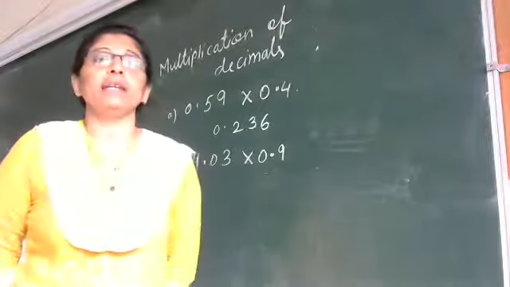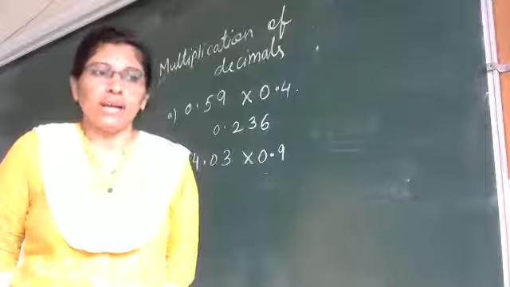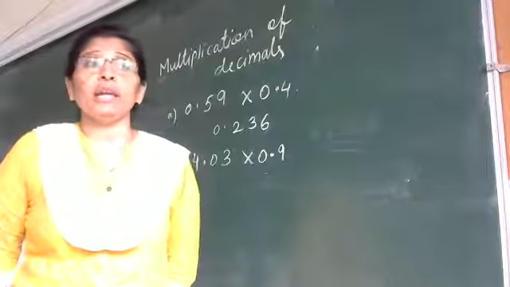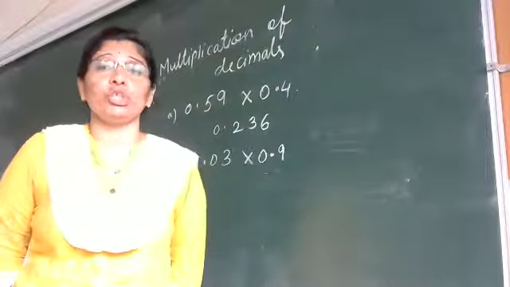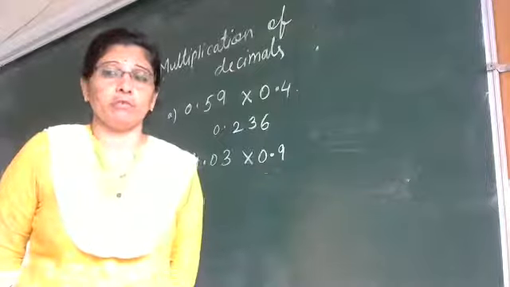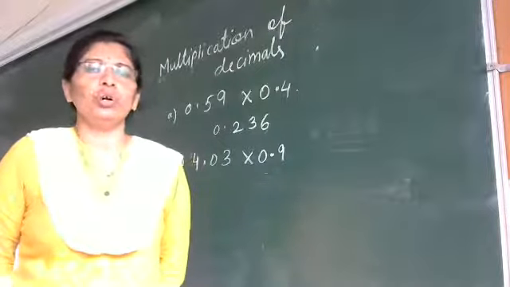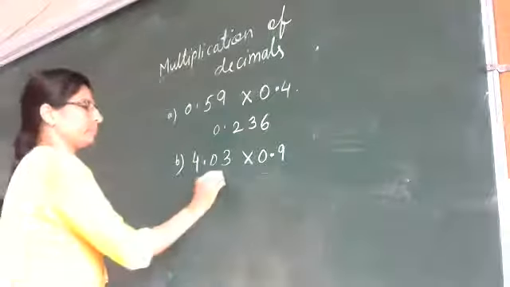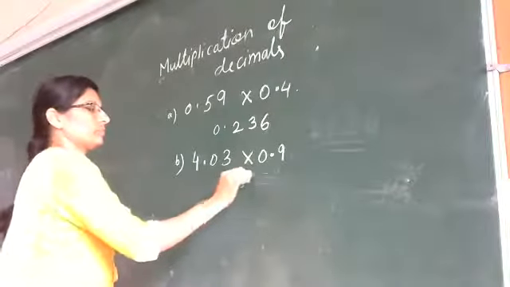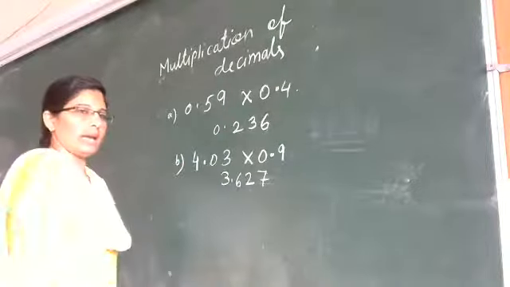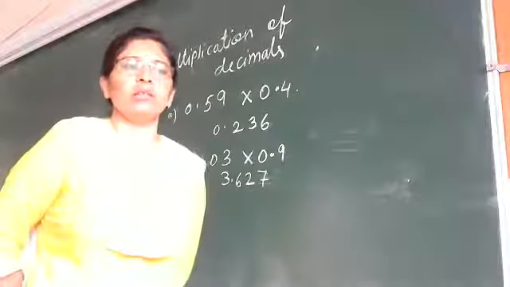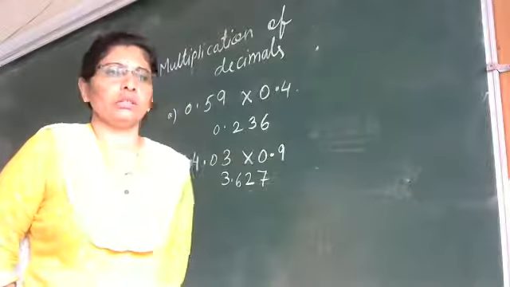See, your children? 3.627. Don't use any other thing for multiplication. You should multiply yourself. All got the same answer?